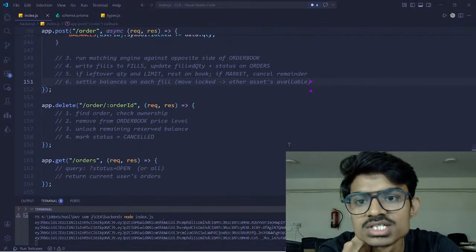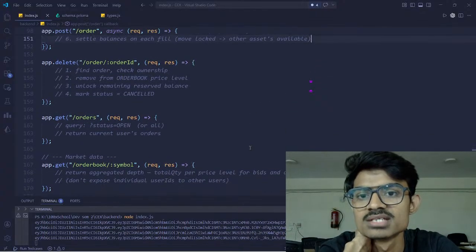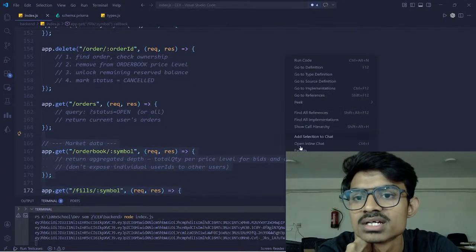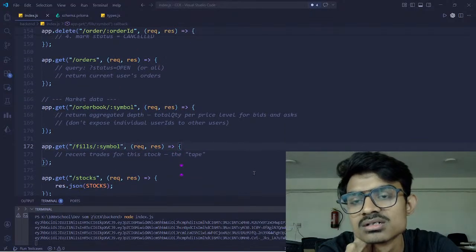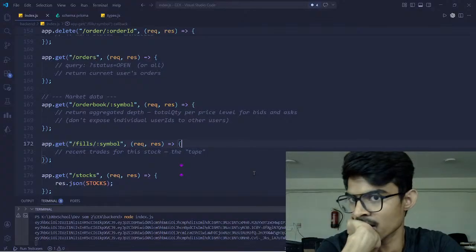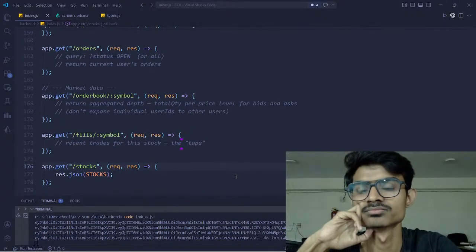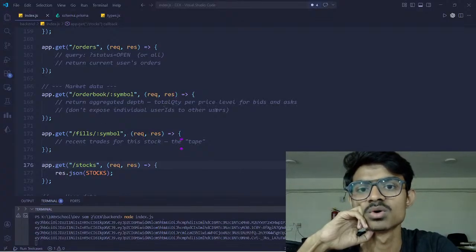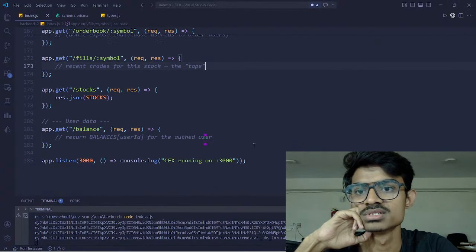लेट्स ऑर्डर आई डी टू फाइंड ऑर्डर, चेक ओनरशिप, रिमूव फ्रॉम ऑर्डर बुक, प्राइस लेवल, अनलॉक रिमेनिंग रिजर्व बैलेंस, मार्क स्टेटस कैंसल्ड, ऑर्डर को डिलीट करना, ऑर्डर को गेट करना, ऑर्डर बुक। Return aggregated depth, total quantity per price level for bids and asks, don't expose individual orders, users, fills, stocks, balance.